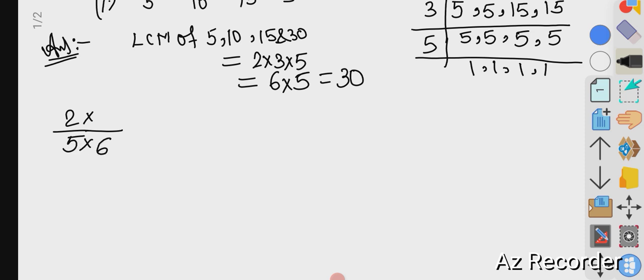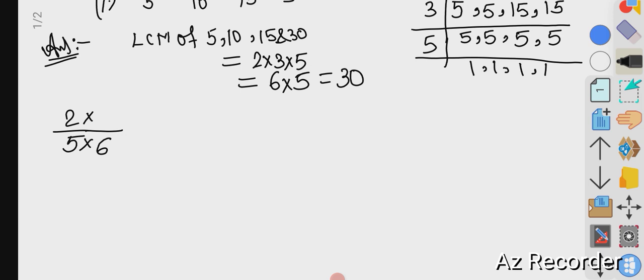But you know, in the chapter of fractions you have studied a very important rule: if you want to multiply or divide in just one place, let's say you have to multiply 6 in the denominator, then you have to multiply it in the numerator too, so that its value doesn't get changed.